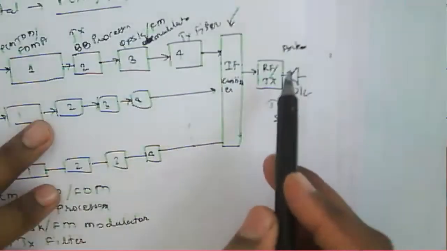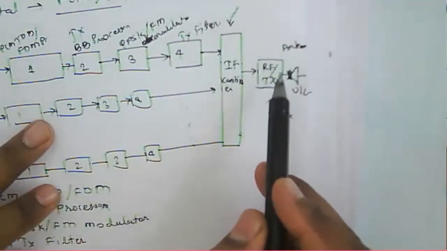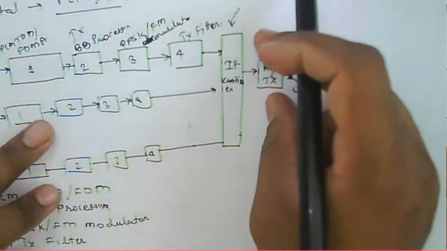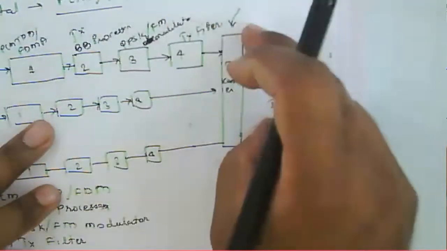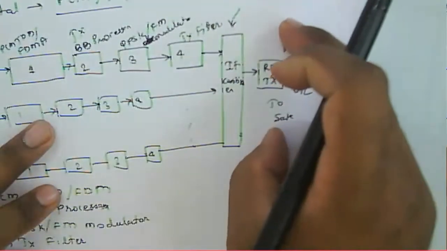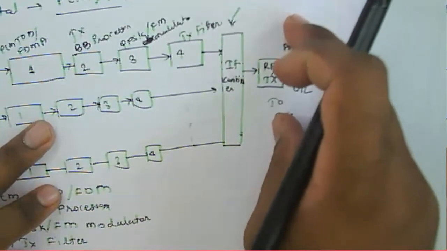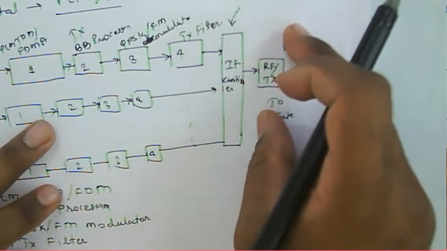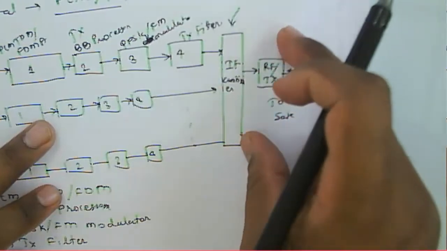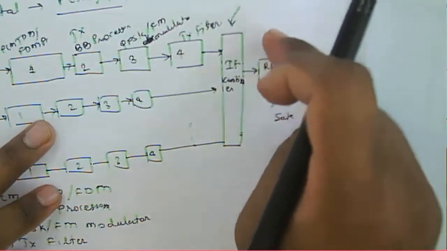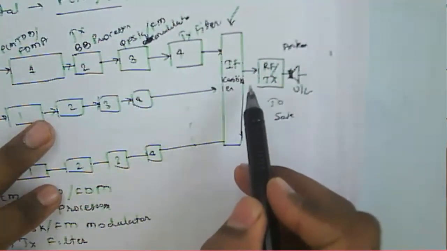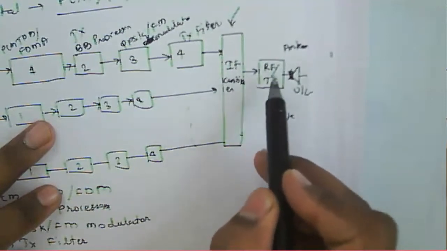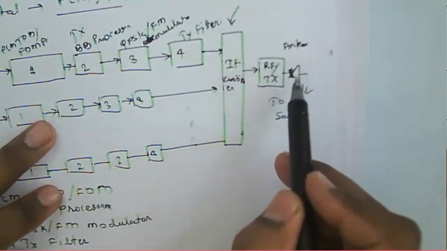So that's why we need to raise whatever IF output comes from all the channels, and it will go to the up converter, and then the RF signal will be transmitted. Before transmission it will be amplified with a power amplifier, and then sent to the antenna.